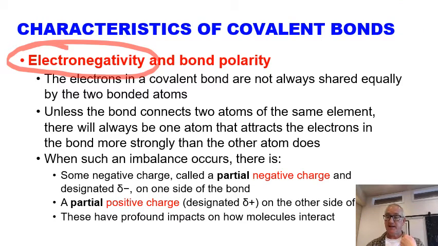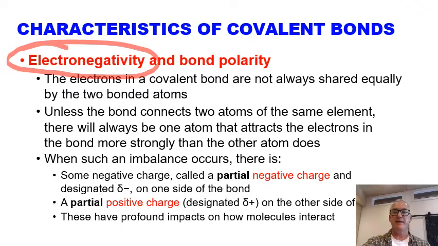That is the ability of an atom to pull on shared electrons. So if 2 elements are sharing a pair of electrons, one of them generally is pulling on that pair a little more than the other. And that means that pair of electrons is closer to one of the elements than the other.